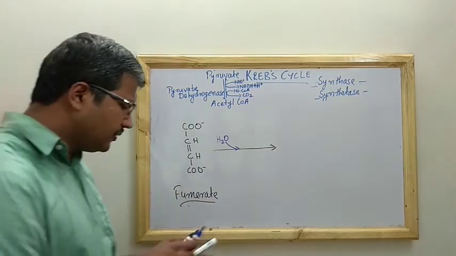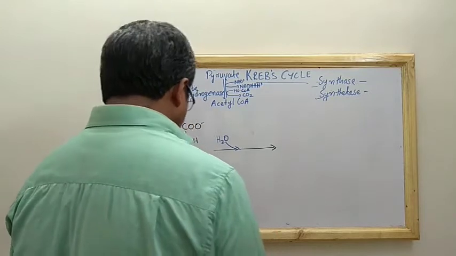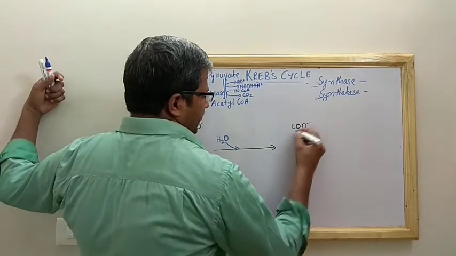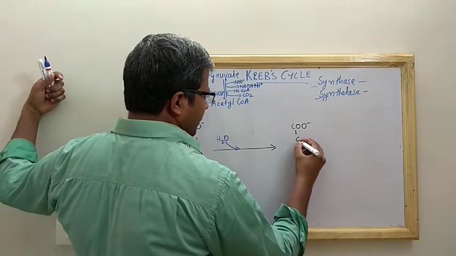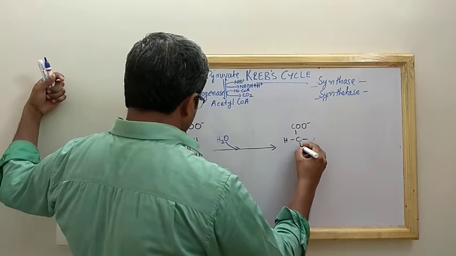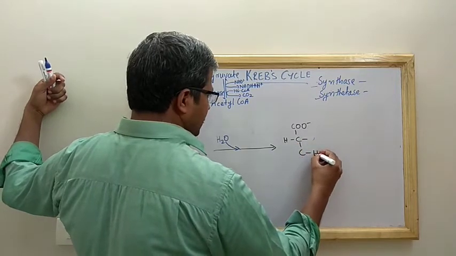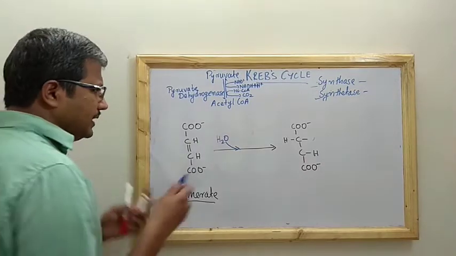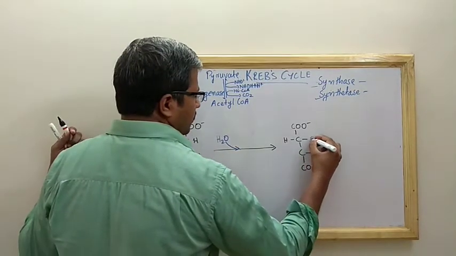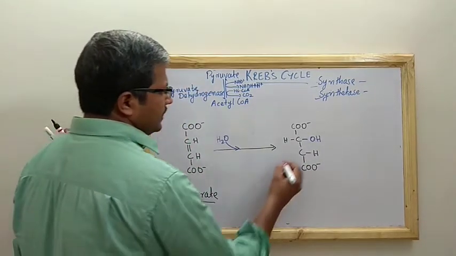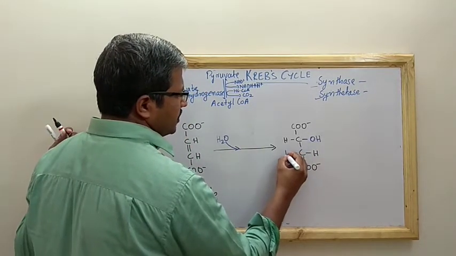So you can see here, COO minus, CH, I will be adding later, and then CH, COO minus. So you can see the malate here, OH. The OH is coming from here, and H is coming here.